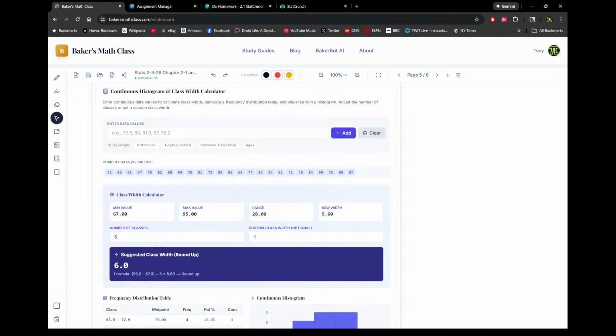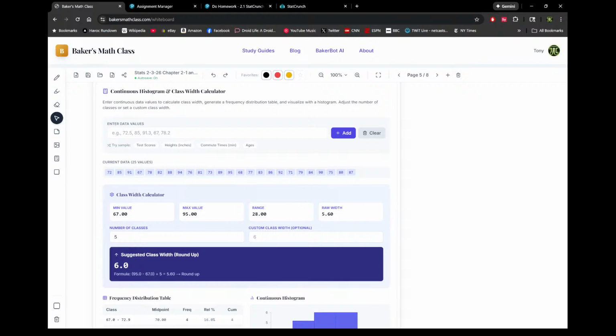All right, so here's an example. The minimum value of my data here is 67. The maximum value is 95. So I would subtract those two, and I get 28, my range.